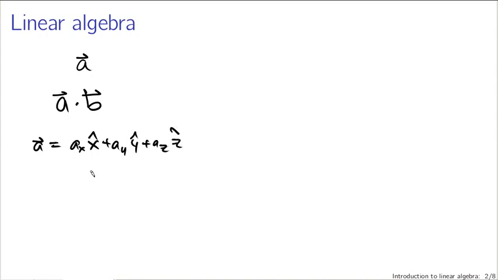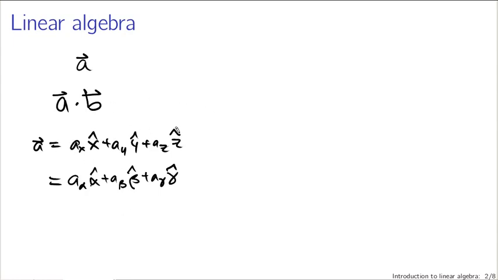We can also express some vector A in a different coordinate system, I'll call it a_alpha alpha hat plus a_beta beta hat plus a_gamma gamma hat, where now the hatted vectors here are unit vectors, and the numbers a_x, a_y, a_z, a_alpha, a_beta, and a_gamma are simply components. They're simply numbers.